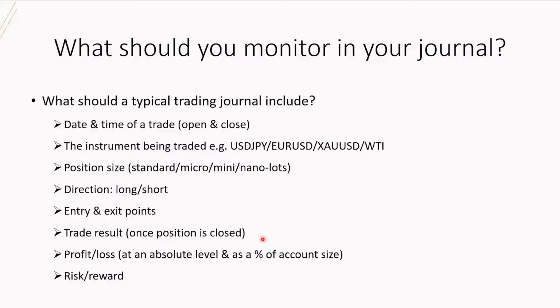Once you are familiar with that particular instrument and with various market environments, then you can probably size up your account gradually and move on to slightly bigger lot sizes, for example.